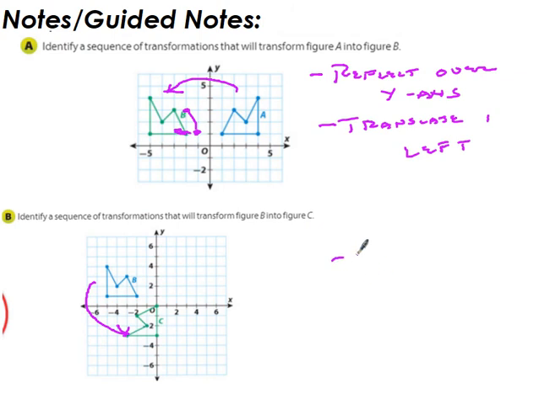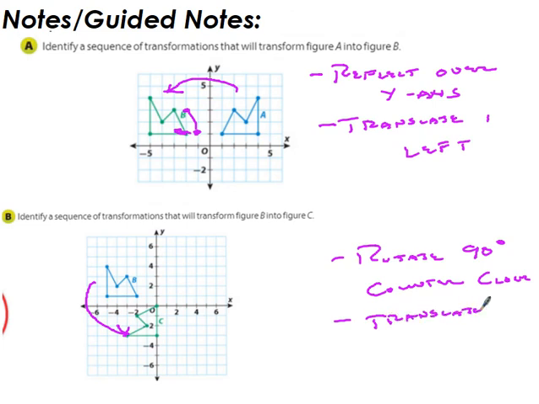For this one, I'm going to rotate 90 degrees counterclockwise, and then I would have to slide it up 2 and right 1. And that's our sequence of transformations to get from B to C.